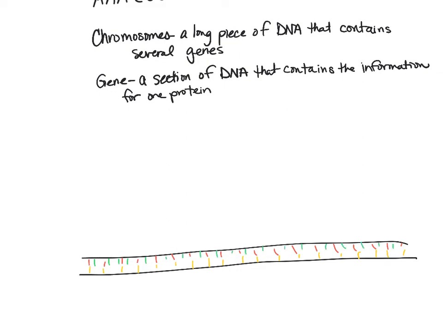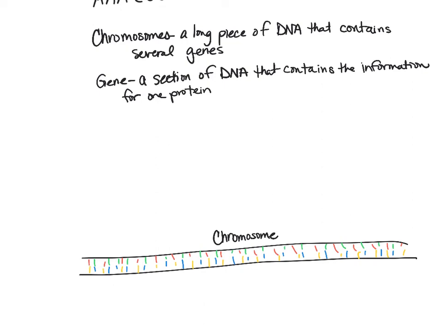I don't know why they're all on the one side here, I guess because I'm not very creative. So we have this long DNA strand that consists of all of our A's and T's and C's and G's. And then let's say this is a very, very, very long strand, and this is our entire chromosome.